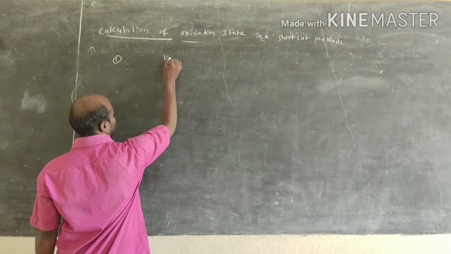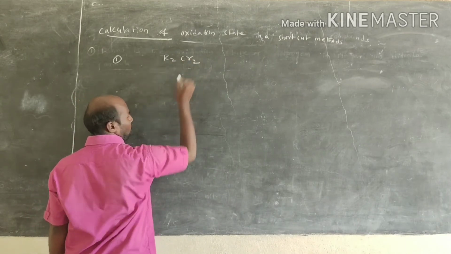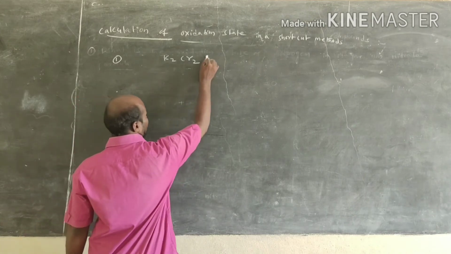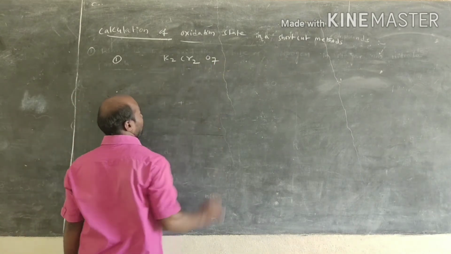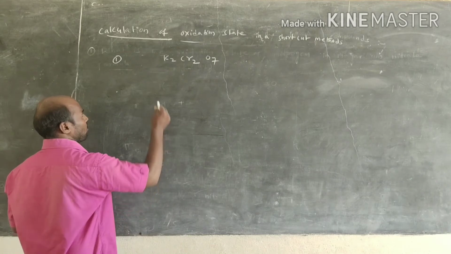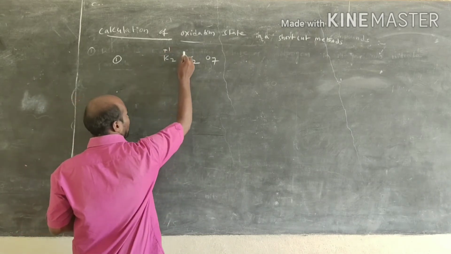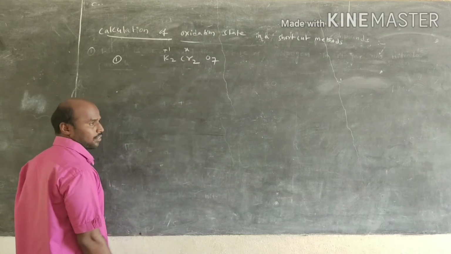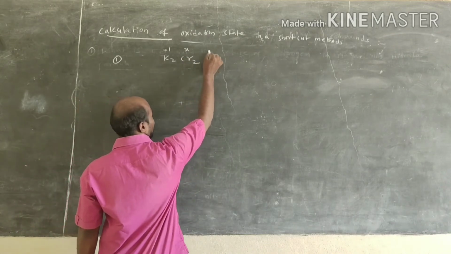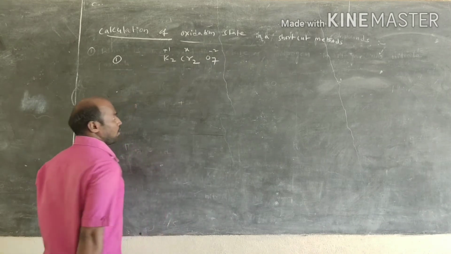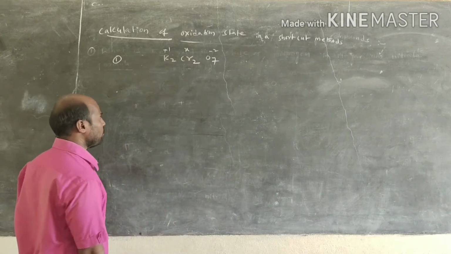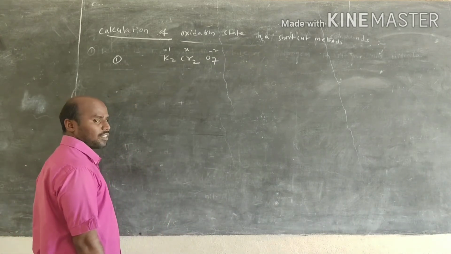What is the formula of potassium dichromate? K2Cr2O7. What is the charge of potassium? Plus 1. What is the charge of chromium? X. What is the charge of oxygen? Minus 2.